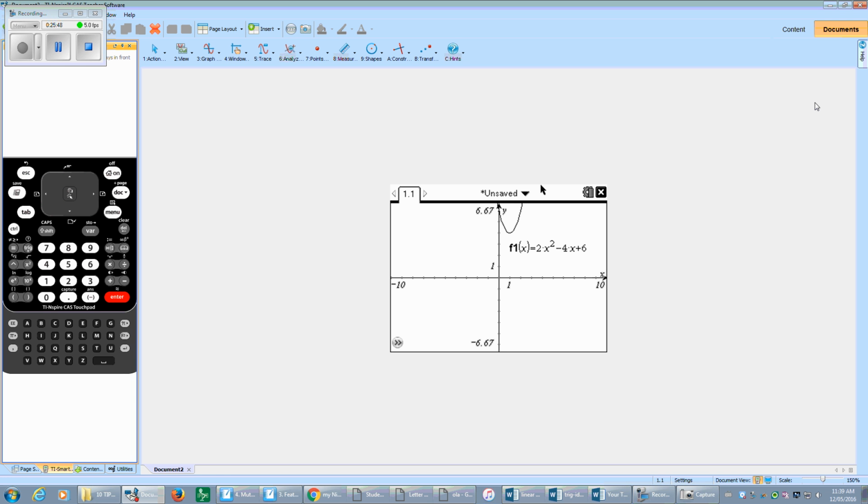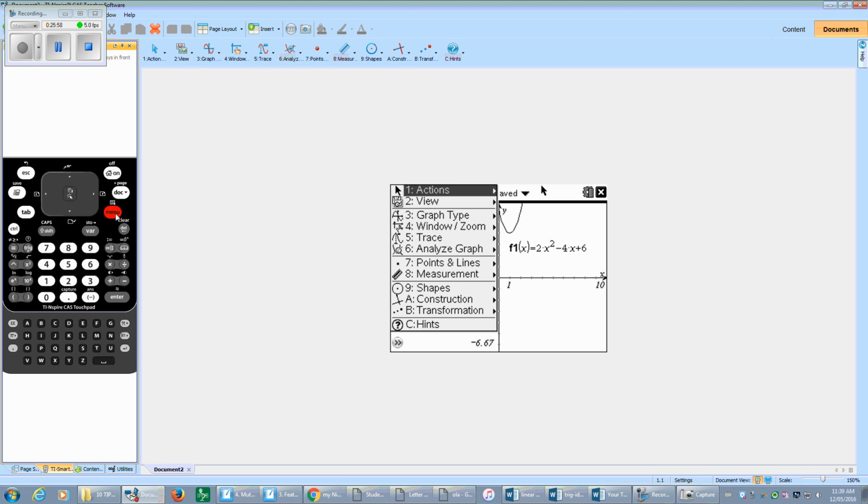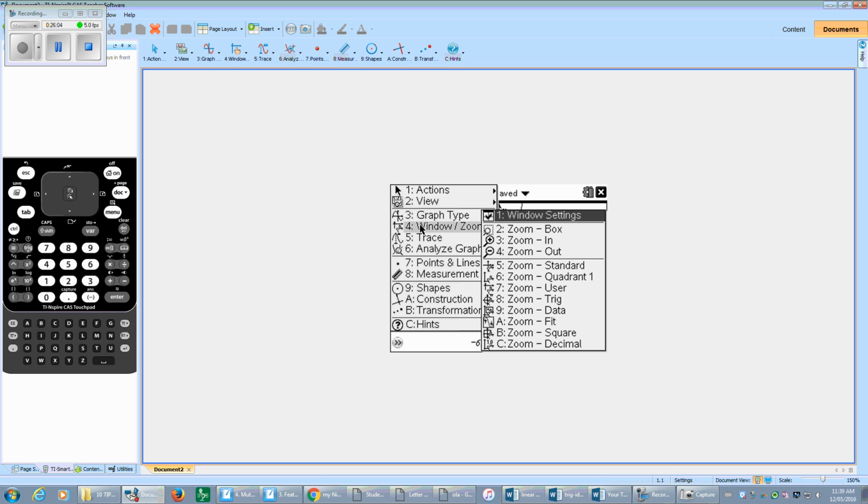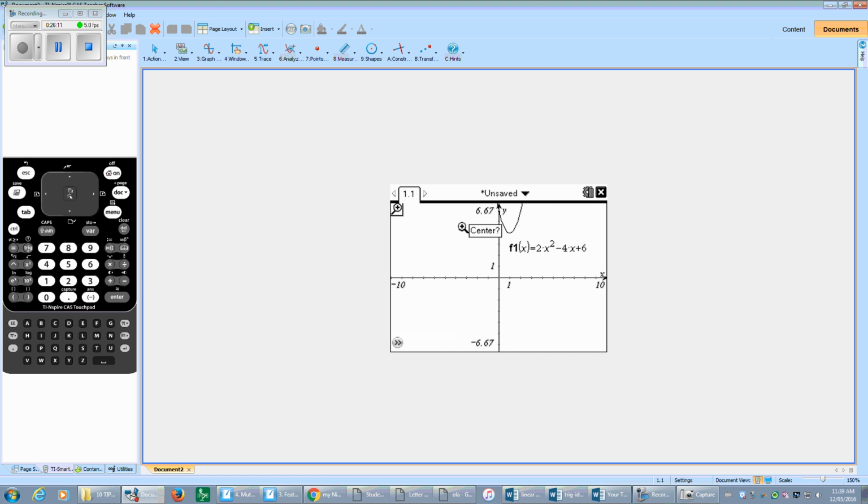Okay, so what we want to do next is we want to zoom in a little bit. So remember, we go to Menu, Window Zoom, and then we're going to zoom in. Now you can click on here and it zooms in.